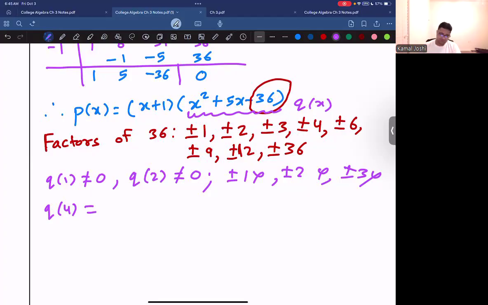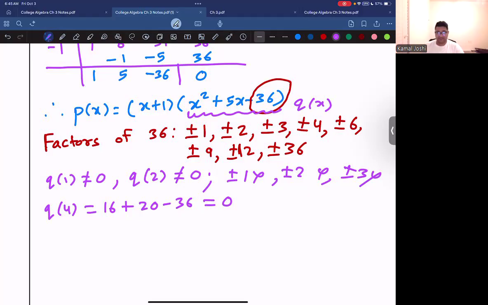If I plug in 4, 4 square is 16 plus 5 times 4 is 20 minus 36. 36 minus 36 is 0, right? Bingo. Okay, we hit it. So when I plug in 4, q becomes 0. That's it. If you want to continue further and find the other 0, you don't have to do any work.